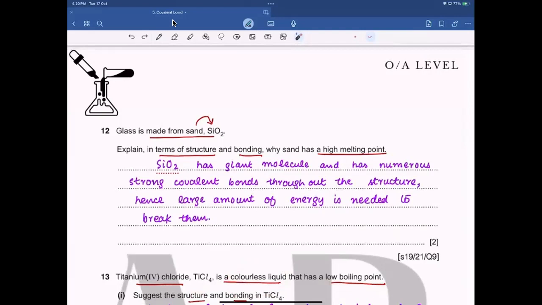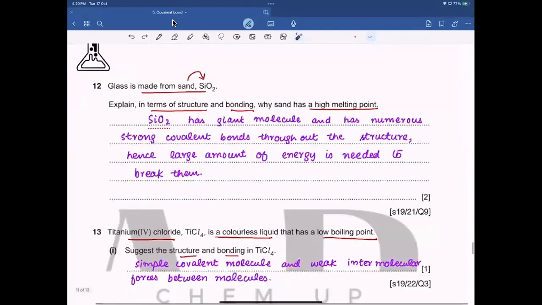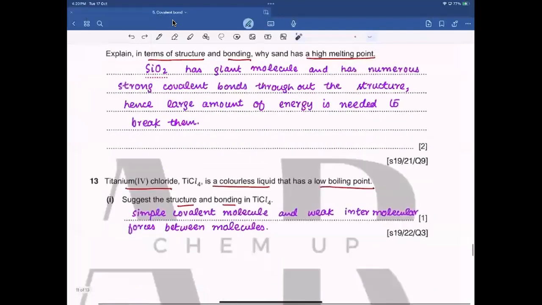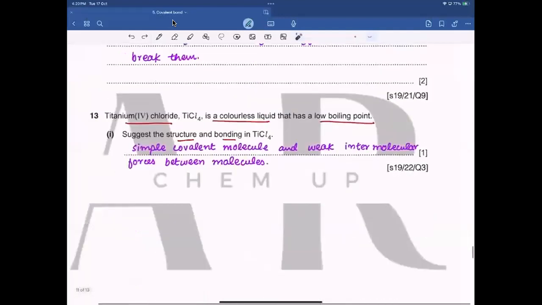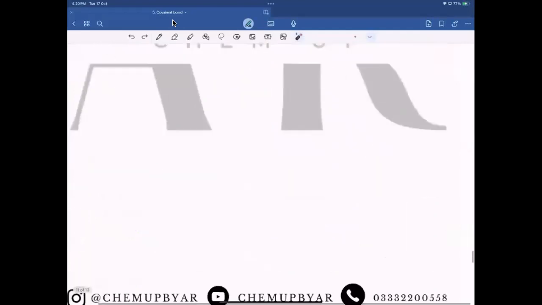And what about the bonding? It will be weak, weak intermolecular forces between the molecules. Is this clear? Yes.